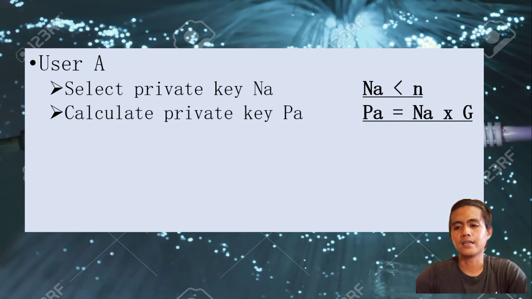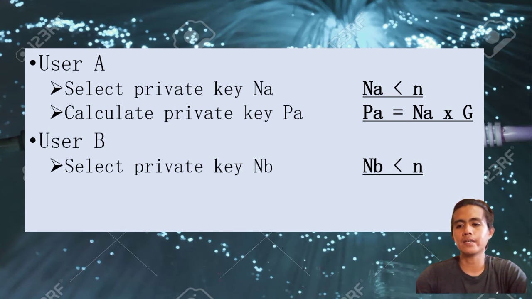Then, based on the selected private key, we calculate the public key of user A. So PA is equal to nA times G, where nA is the private key of user A and G is the point of the elliptic curve. Repeat the process for user B, that is how to calculate the public and private key.